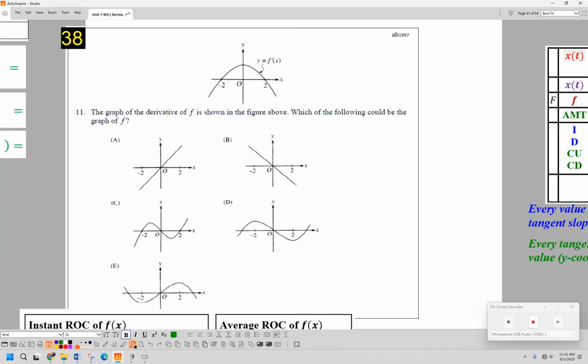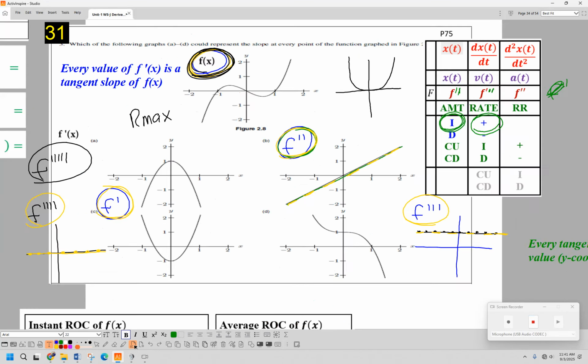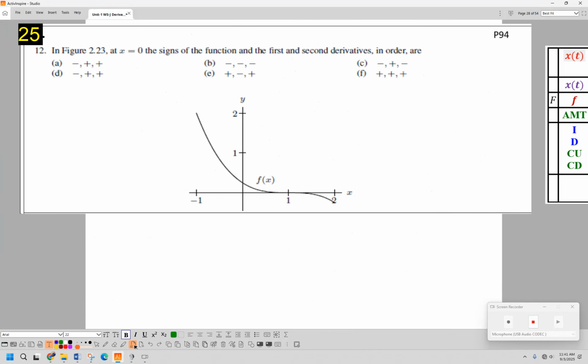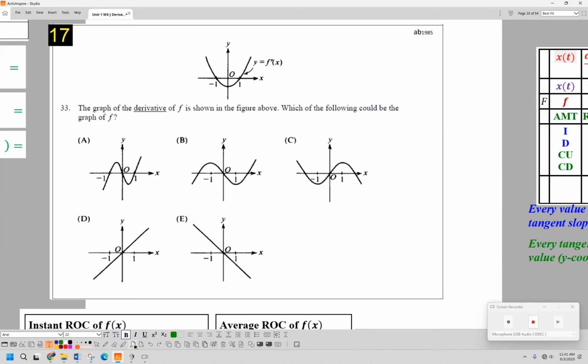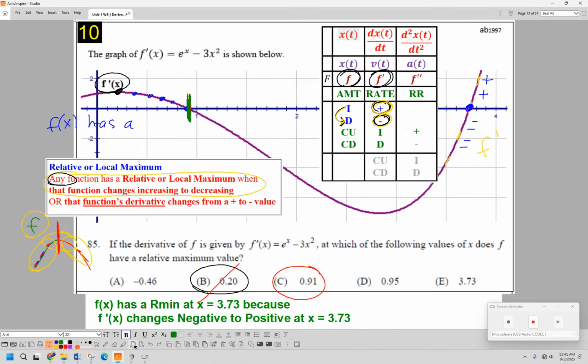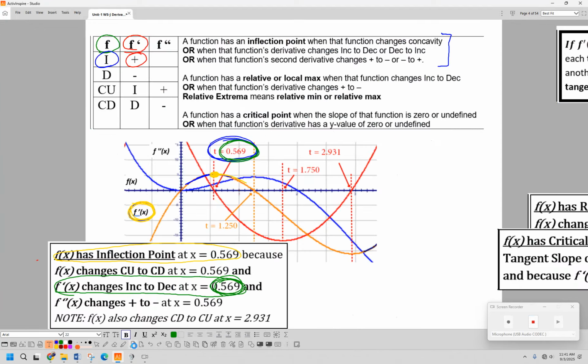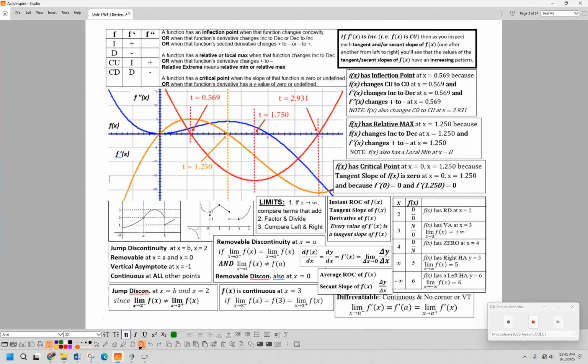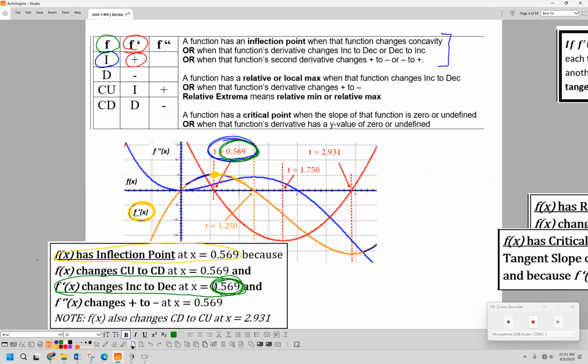Look at your reference sheet. Okay, so looking at the reference sheet, part of the challenge is a lot of things are happening simultaneously.